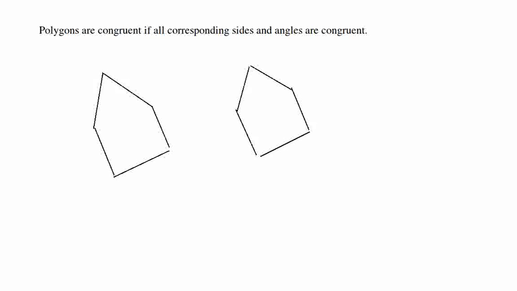Now, if they are congruent, then corresponding sides all have the same length. Okay? And furthermore, corresponding angles all have the same measure.